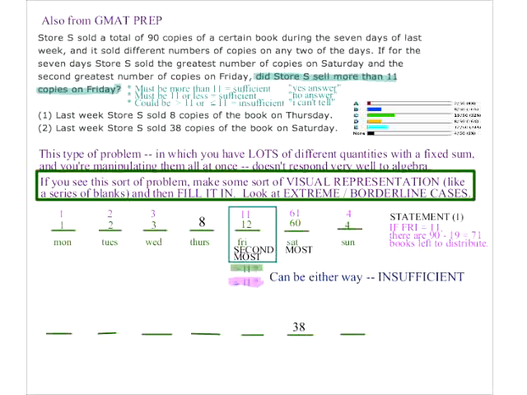It's the same issue we had before: we're trying to figure out whether Friday can be more than 11 or less than or equal to 11. So if we want to try for 11, let's do that, the same way we did last time.